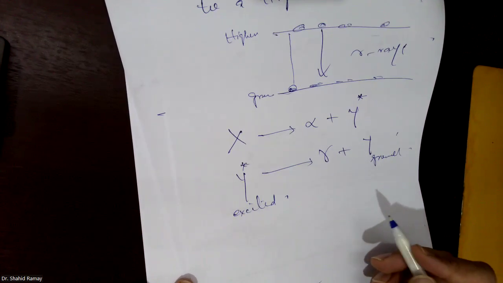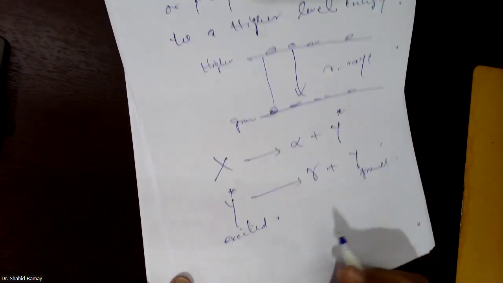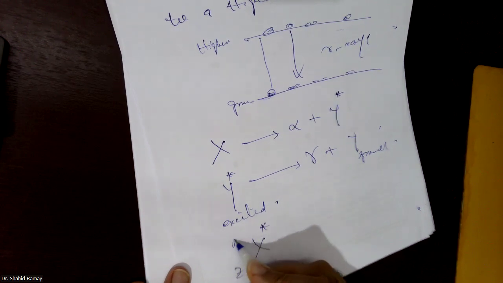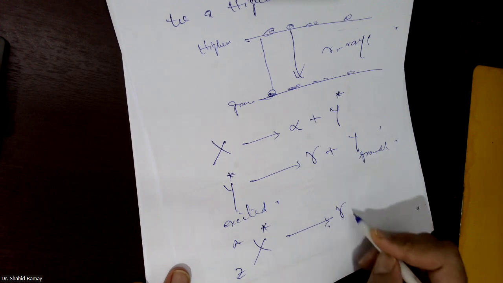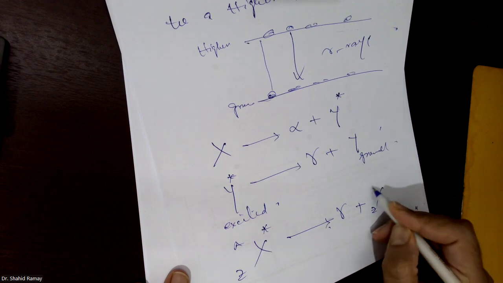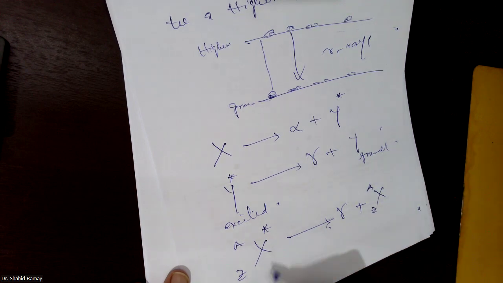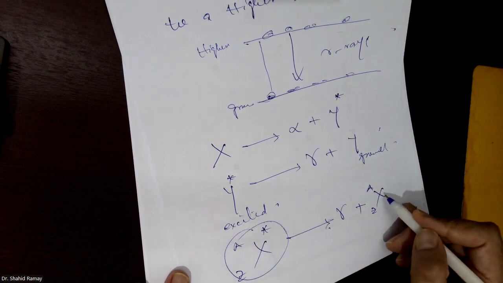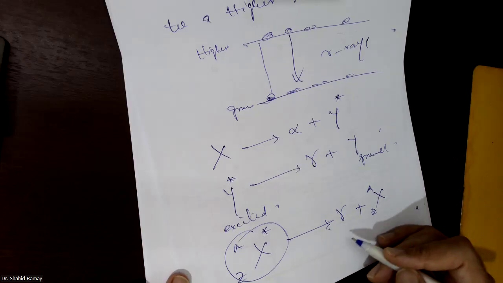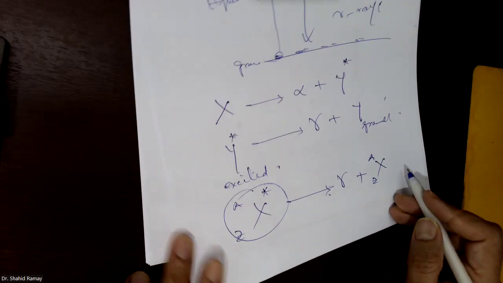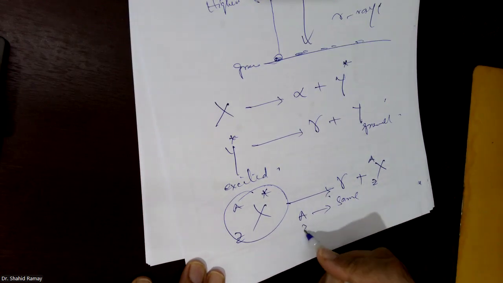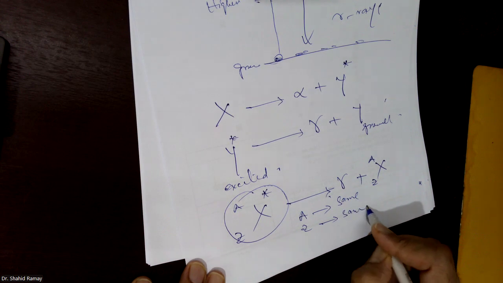In gamma decay, you should remember that if this is excited and here is Z and here is A, then after gamma there is no change in Z and no change in A. So after gamma decay or gamma release, A remains the same and Z also remains the same.